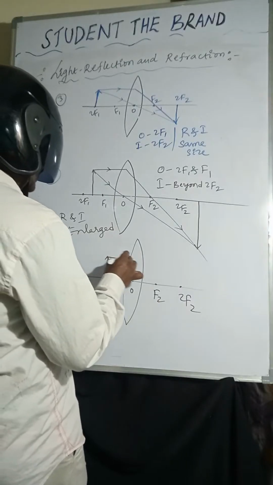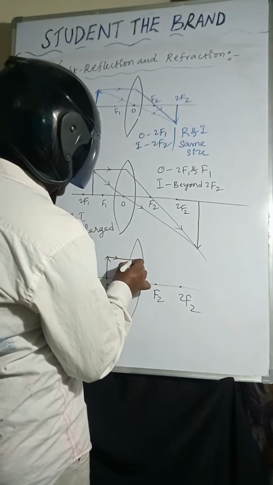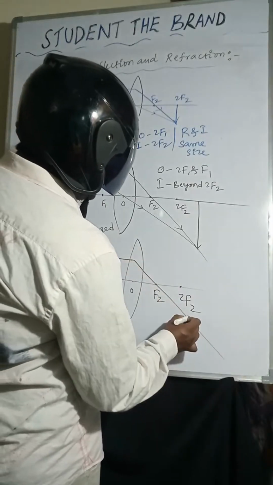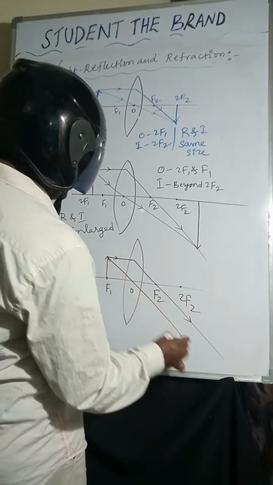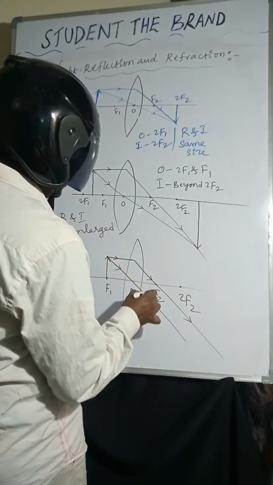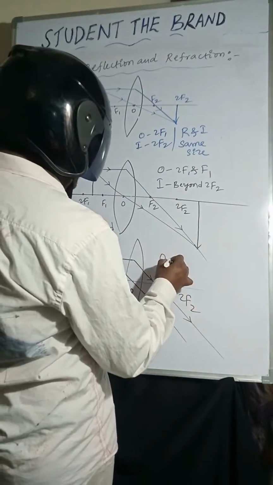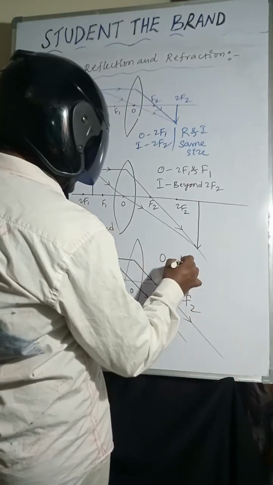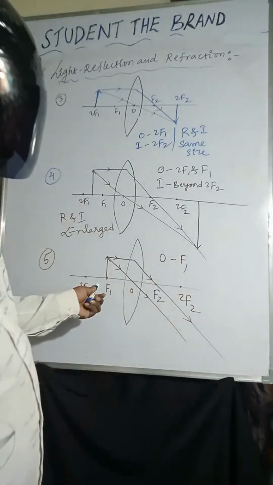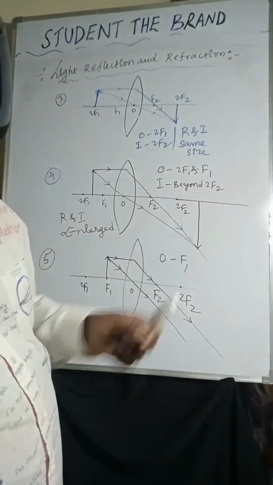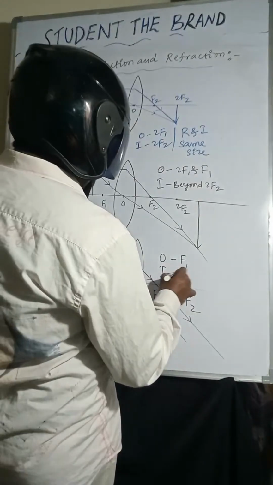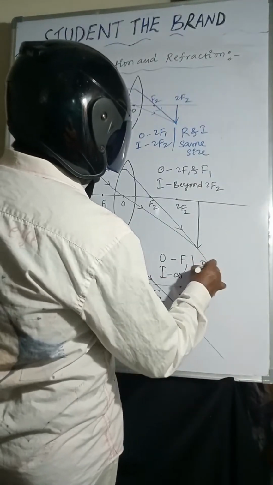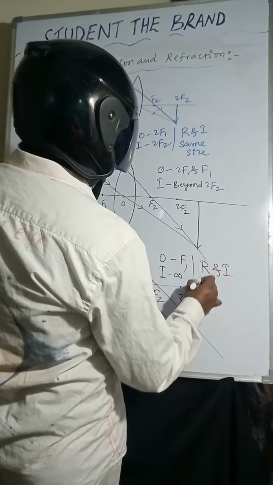One light ray I am taking like this, it passes through focus. Another light ray is passing through optic center. Object is at F1, image will form at infinity. Nature of the image is real and inverted and highly enlarged.